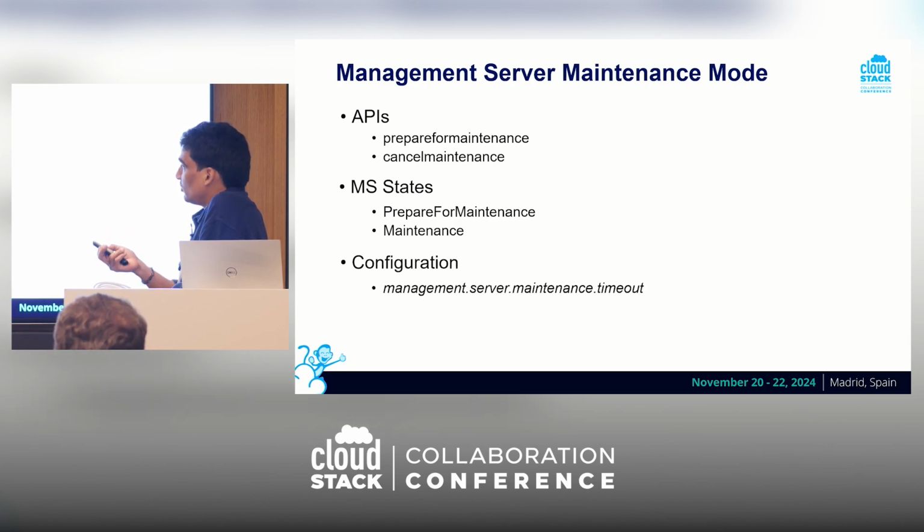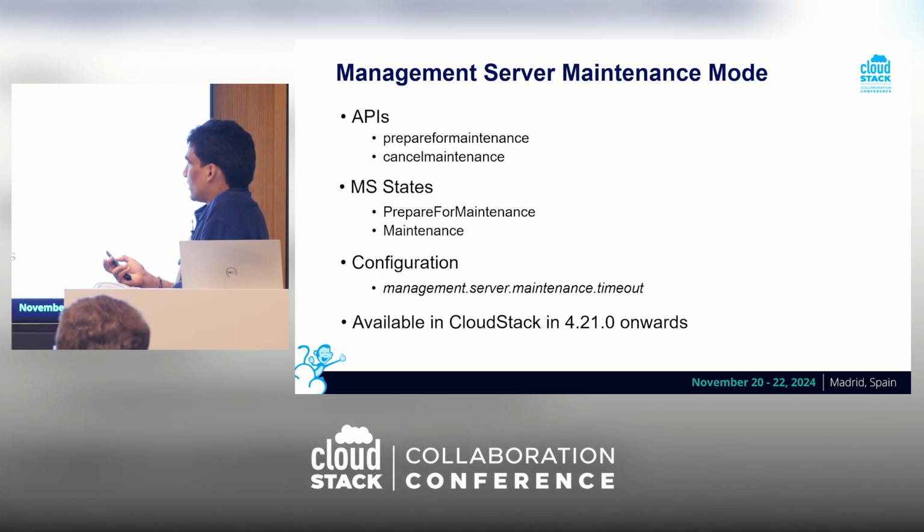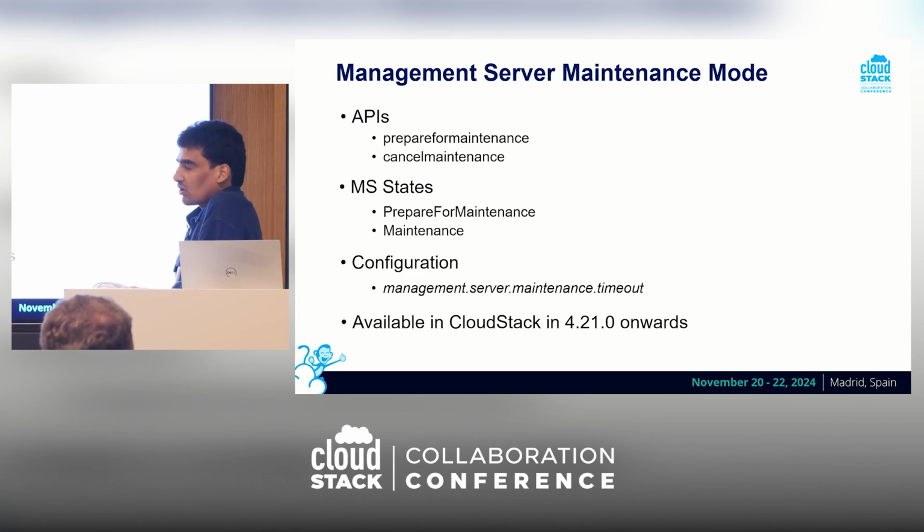A new configuration was introduced to set the timeout of the maintenance window, defaulted to 60 minutes. If the agent transfer doesn't happen within this window, then it will come back to up state again, that is, prepare for maintenance is cancelled. The PR is already there, and hopefully it will be available from 4.21 onwards.